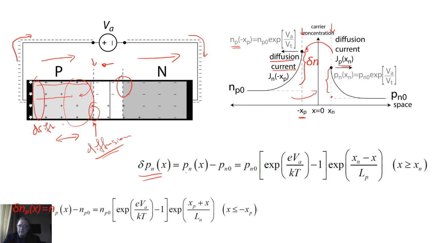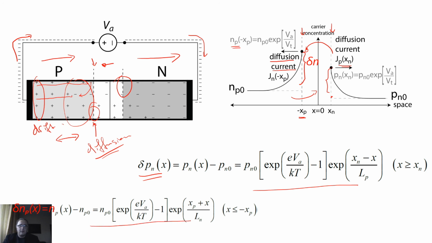So in the previous video we calculated these, and they are given by these expressions. And this is the excess charge as a function of the space x. So this equation actually gives this spatial profile of the concentration of the carriers.